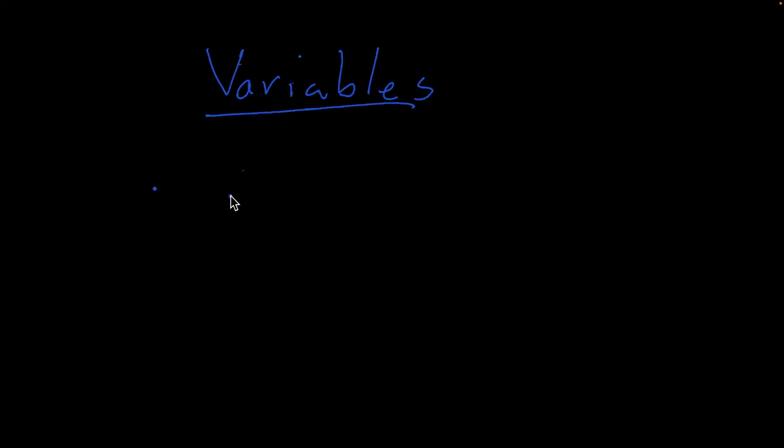In order to create a variable, we need to initiate it. We need to tell the computer that we are creating a variable. So we need to write a keyword in order to signify that we're going to create a variable. So in order to do that, we have to say var.